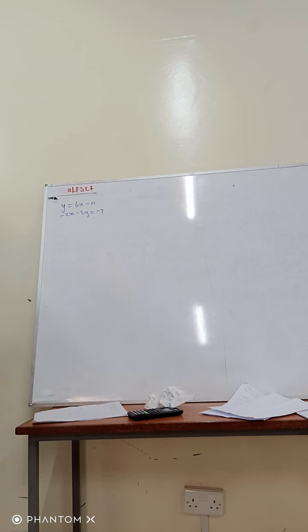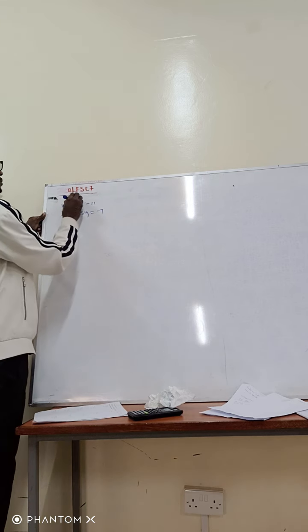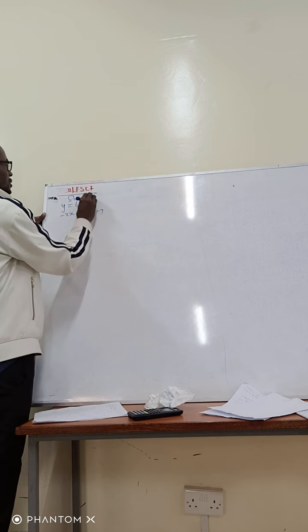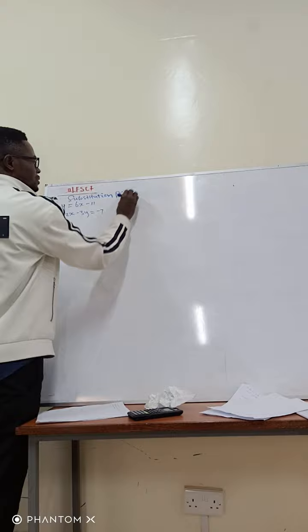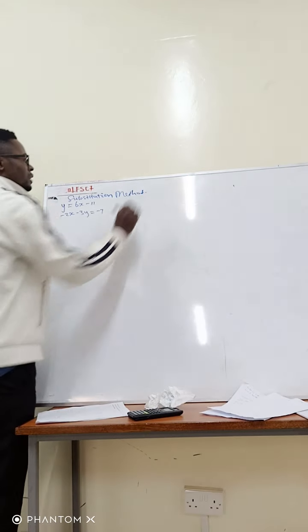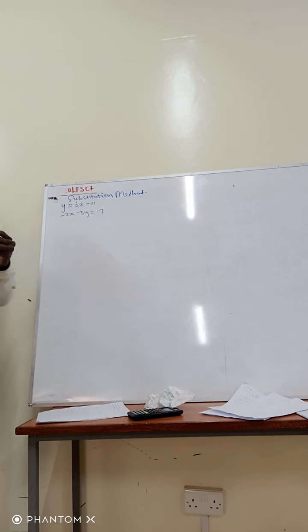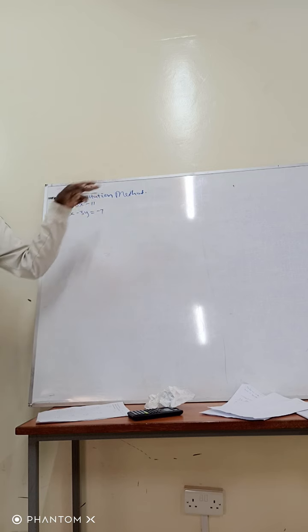First of all, we can use substitution method. And after using substitution, we can as well try to use elimination. So the thing is, to use substitution method, we usually solve for one equation.